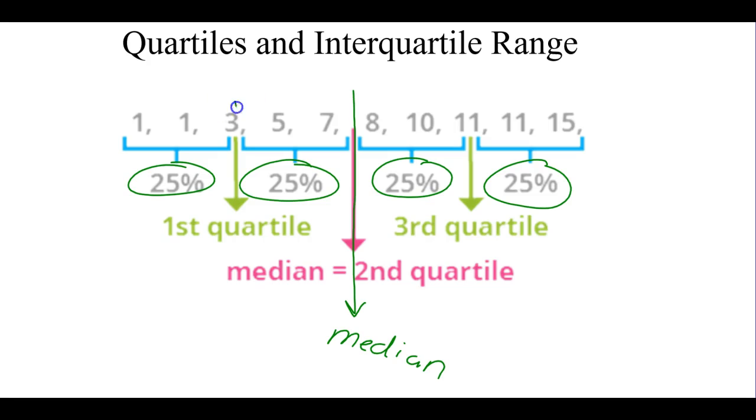The number 3. So you can see 3 is the first quartile. The median we call the second quartile. And then the third quartile is the median of the second half, which would be 11. So that's how we split it into 4 parts. So there's really 3 quartiles that we talk about usually, which splits it into 4 parts, right?